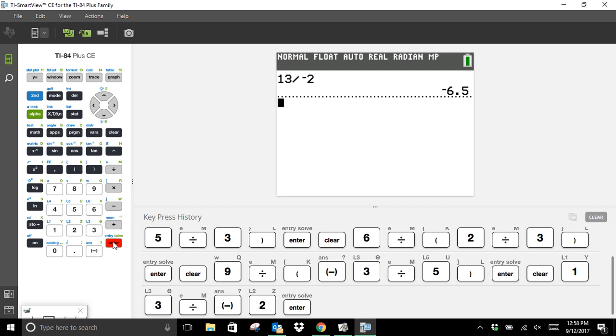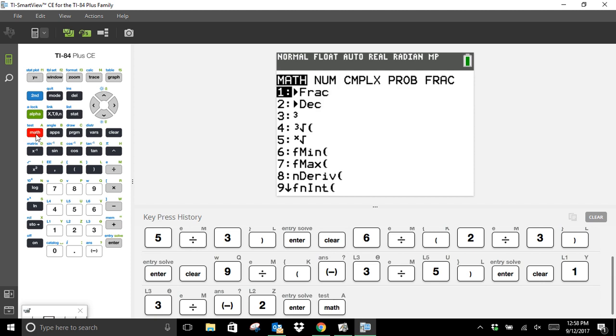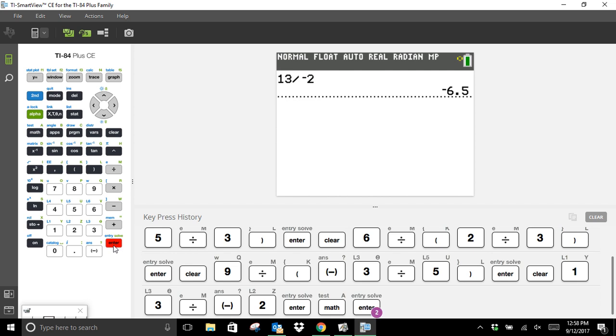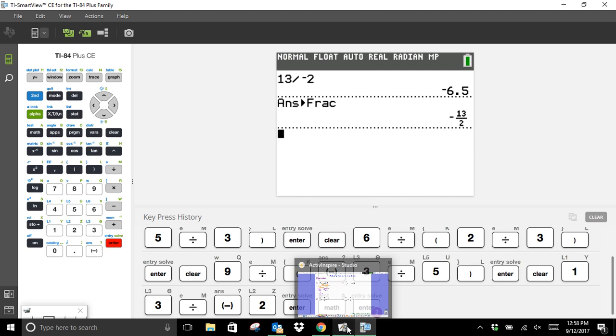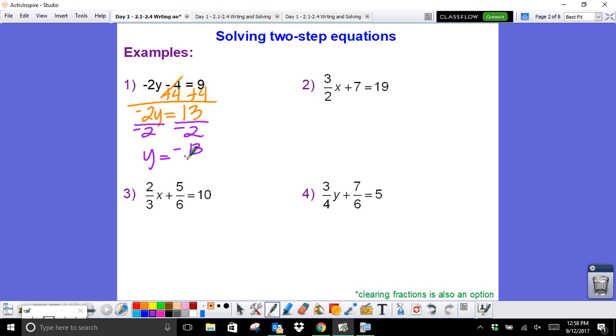I really want it as an improper fraction. Okay, so the way you get it to a fraction, and a lot of you already know this, but you're going to hit math, which is right below that green alpha key, and then enter, and that'll get it to a fraction. So again, you just do your calculation, and then you hit math, enter, and it gets you -13/2.